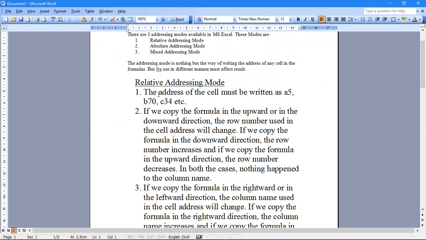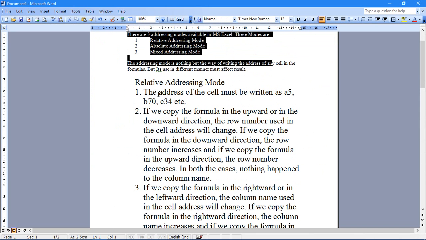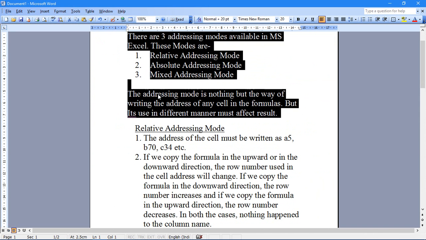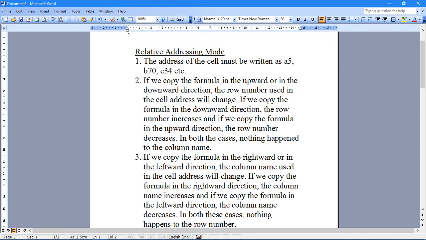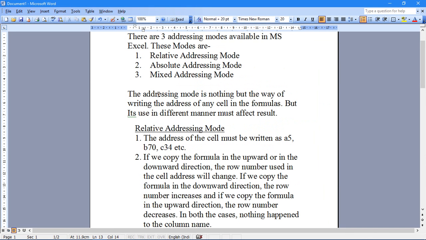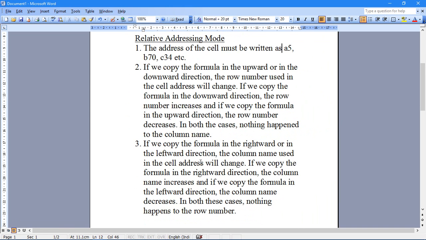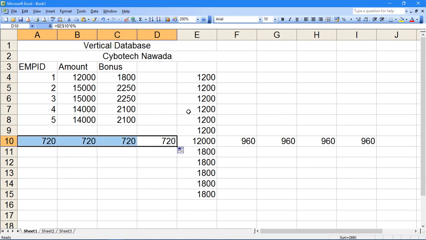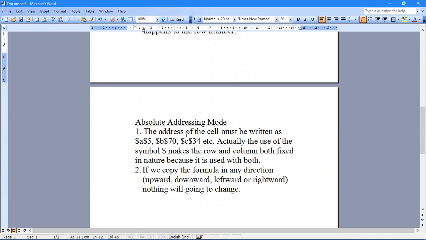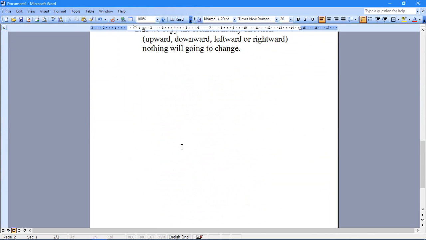I think you all will understand whatever I am going to explain to you. In the relative addressing mode, what happens? We will see in the demonstration. In the absolute addressing mode, what happens?